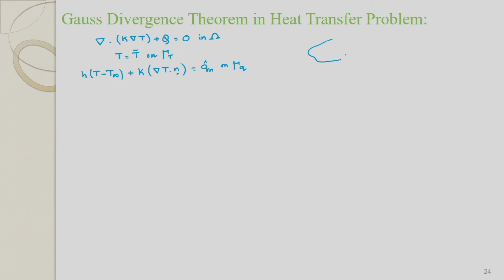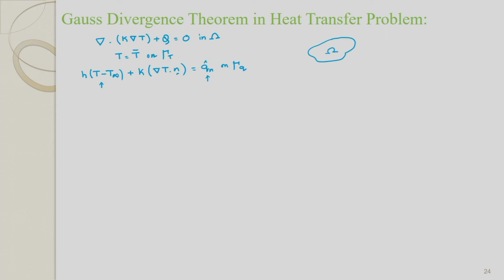Now, the first equation is the governing differential equation in some domain omega, and the boundary of the domain can have two parts. One is gamma T, where temperature is prescribed, and it can be gamma q, where heat flux is prescribed, or there can be convective heat transfer like this.